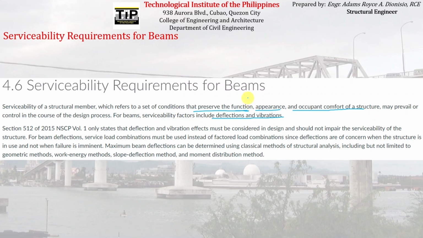Okay, so when we say serviceable, we just have certain criteria: criteria 1, criteria 2, criteria 3, and so on, in order for us to say that the structure is still serving its intended purpose. So one of the criteria is whether the beam still preserves its intended function, its appearance, and occupant comfort.